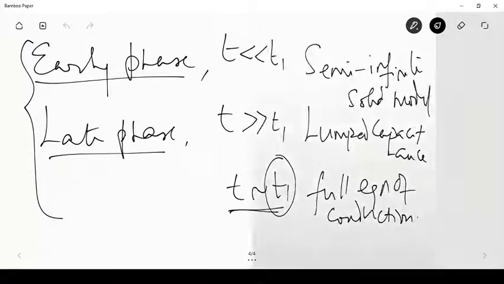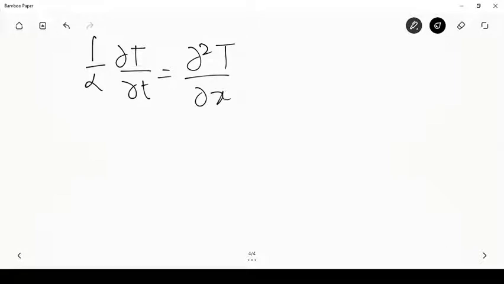Okay, so let us consider the one-dimensional transient equation. We had derived it in the previous class. So it is 1 over alpha del T by del t is equal to del squared T by del x squared. So what is the assumption involved here?